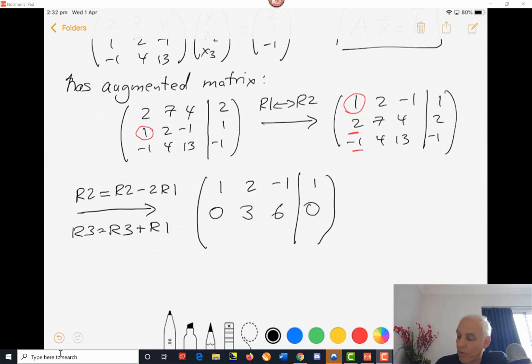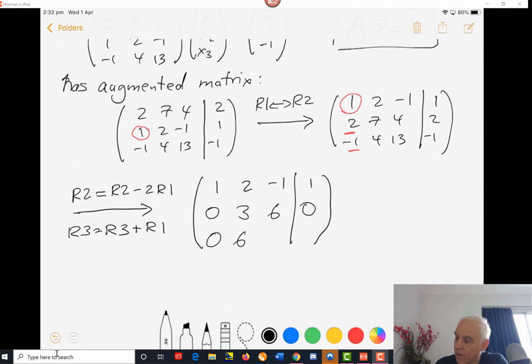Now, what about row 3? We were saying that row 3 is going to be replaced with the sum of the original row 3 and row 1. So we're doing it that way so that we get a 0 here. That's the aim. Minus 1 plus 1 is 0. 4 plus 2 is 6. 13 plus minus 1 is 12. And minus 1 plus 1 is 0.